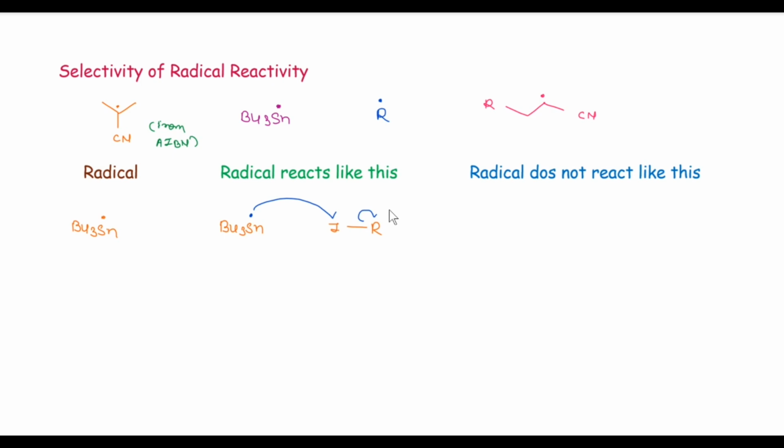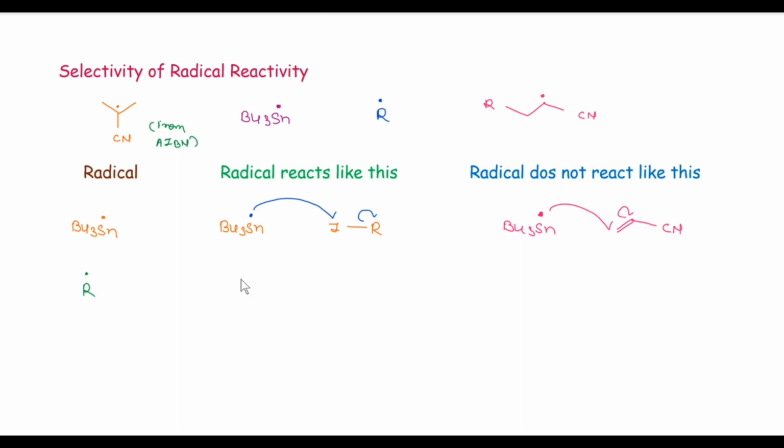This is the correct way of this radical reaction. The TBTH radical does not react like that, that is, it never reacts directly with alkane. So this is not a correct way.